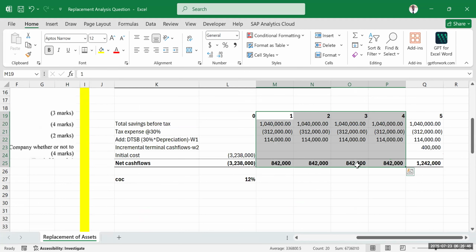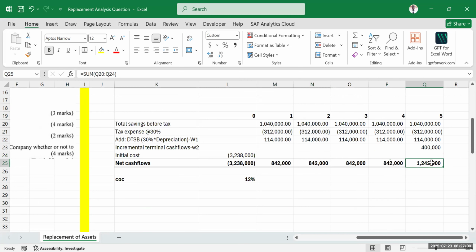842,000, 842, 842, 842. Those type of cash flows, we call them regular cash flows. How many years are they running? The 4 years. Then, when you look at year number 5, its cash flow is different. Why? Because we have a terminal cash flow of 400. It changes the figure to 1242.